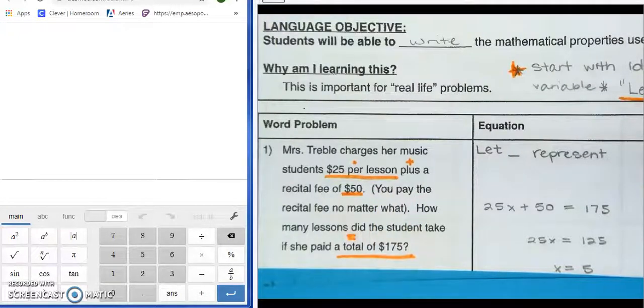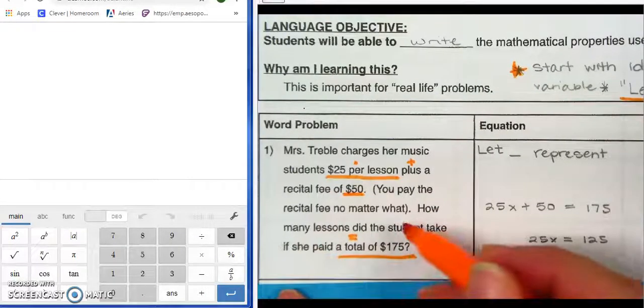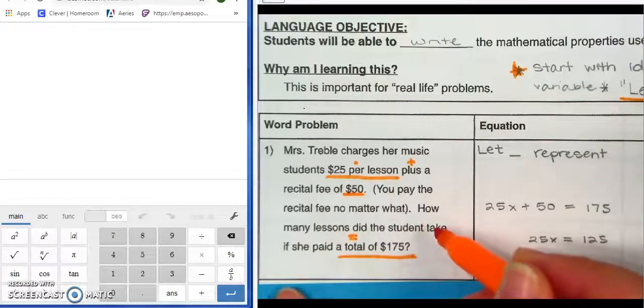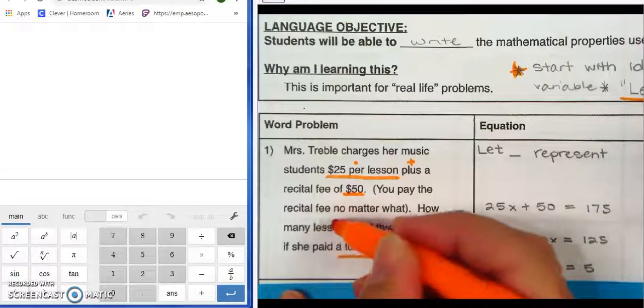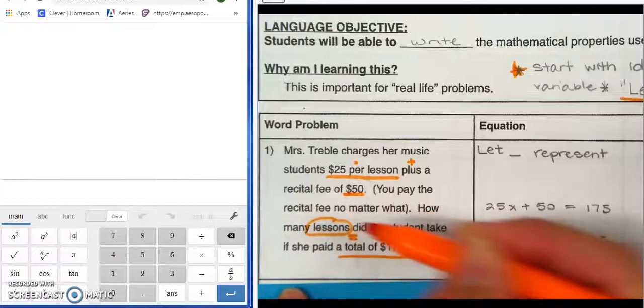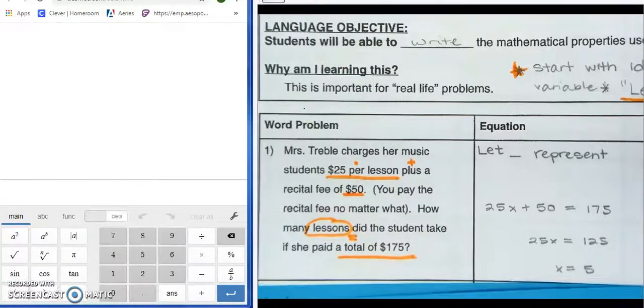All right, but that's not where we actually start. We start with let something represent something else. So what are we looking for here? So it says in the question, how many lessons did the student take if she paid a total of $175? So what we're looking for is the number of lessons. And so that's what I want you to circle with your highlighter, and that's what we let our variable represent.